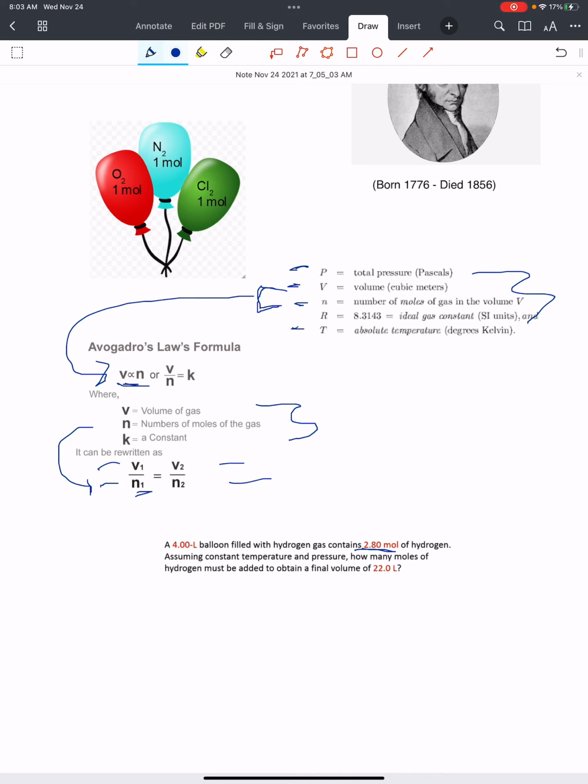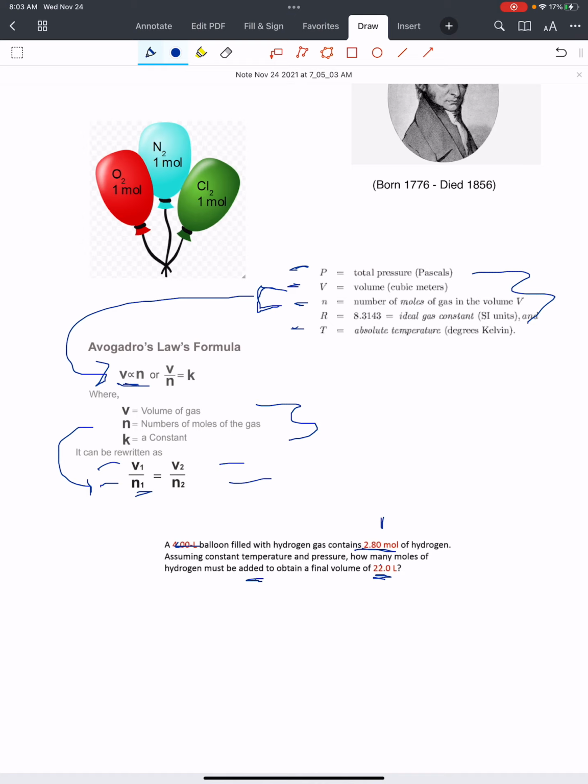So assuming constant pressure, how many moles of hydrogen must be added to obtain a final volume of 22 liters? So we have our three factors here, but don't forget it says how many moles of hydrogen must be added. So we already have this amount here, and that's important for the answer at the end.